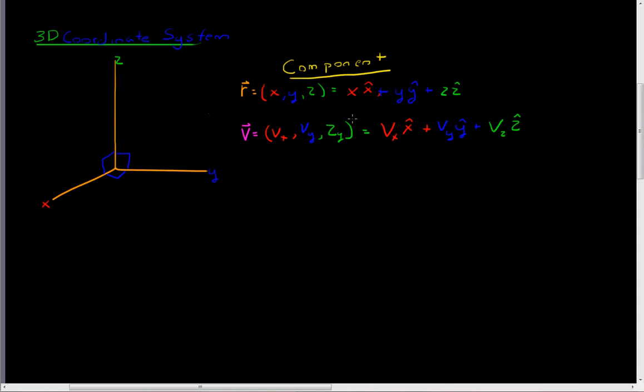So now knowing this, the velocity vector can be found from the change in position over change in time.